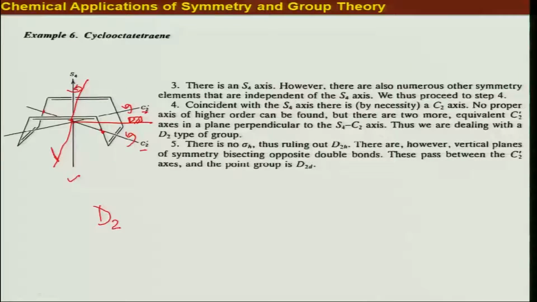So, I have two sigma D's. I write sigma D and sigma D prime. So, now my point group is complete. This molecule belongs to point group D2D.